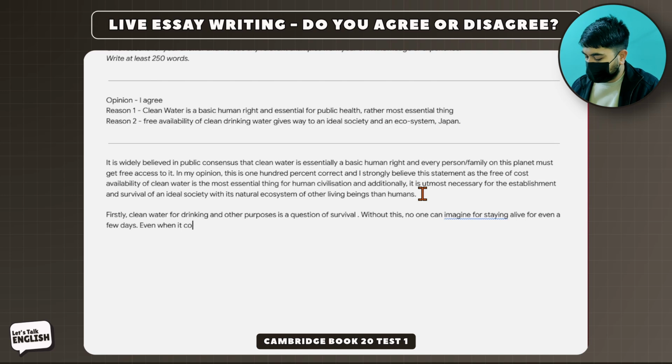Even when it comes to nature, it provides clean drinking water access to every creature on this planet through rivers and freshwater lakes.